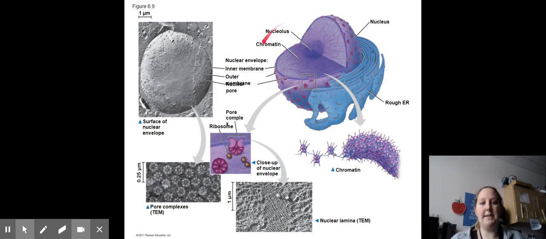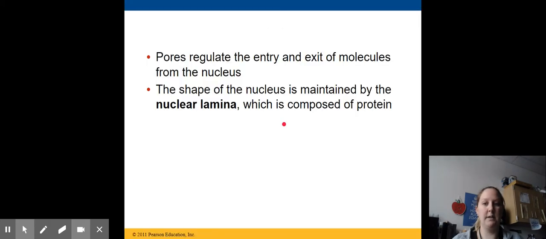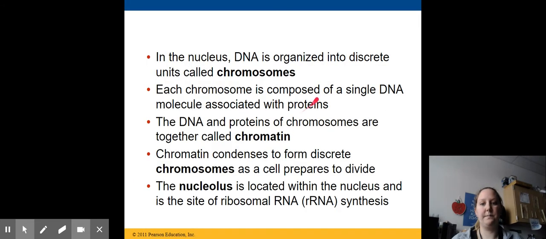Here we see what the nucleus would be, this whole region. The nucleolus is a condensed region inside, and then that nuclear envelope, which has pores on it to allow things in and out of the cell. Inside the nucleus, the DNA is organized into discrete units called chromosomes. Each chromosome is composed of a single DNA molecule associated with its proteins.